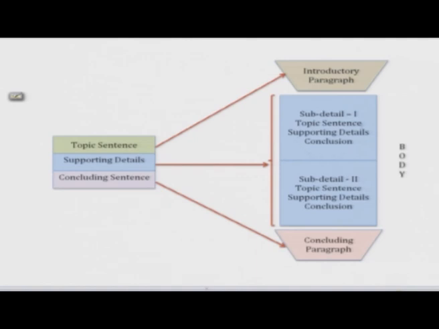Needless to say, each paragraph again has a very similar structure: topic sentence followed by supporting details or expansion of the main idea, and then the conclusion. The concluding sentence of a paragraph is usually very similar to the concluding paragraph of an essay, where you sum up things and bring the discussion to a conclusion. So, therefore, the structure of a paragraph and the structure of an essay are very similar.